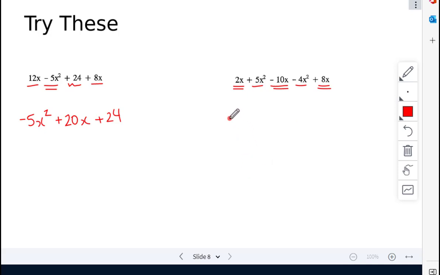All right, so 5x squared minus 4x squared is just 1x squared. Okay, and then 2x minus 10x, which is negative 8x, and then negative 8x plus 8x, which will just give me 0. So my answer is just 1x squared, or just x squared.